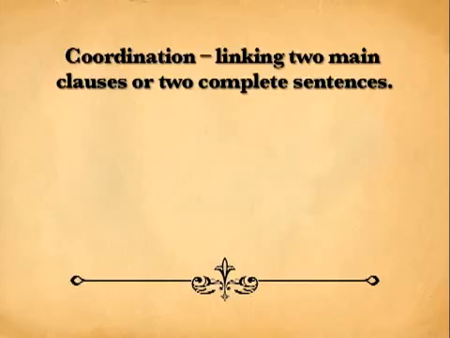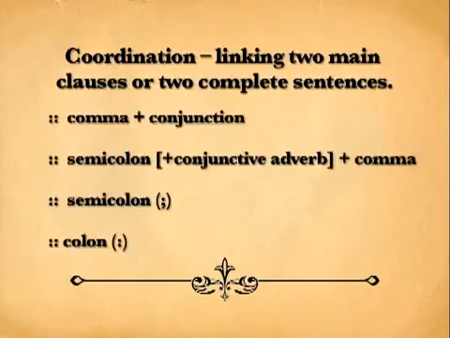Now, it's important to remember that the goals of coordination and subordination are to demonstrate relationships between clauses, to improve clarity, and to add variety and interest to your writing. So to recap, coordination joins two complete sentences using a comma plus a conjunction, a semicolon plus a conjunctive adverb plus a comma, or using just a semicolon.